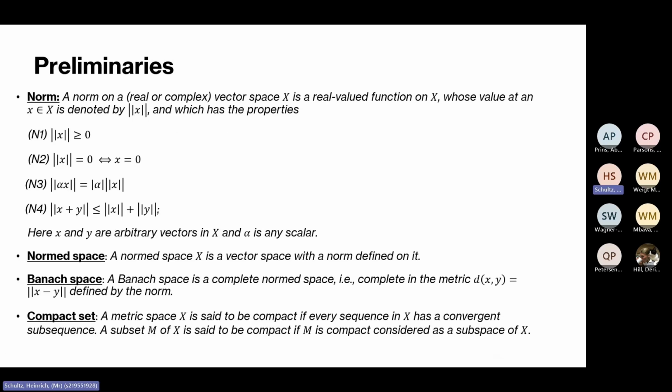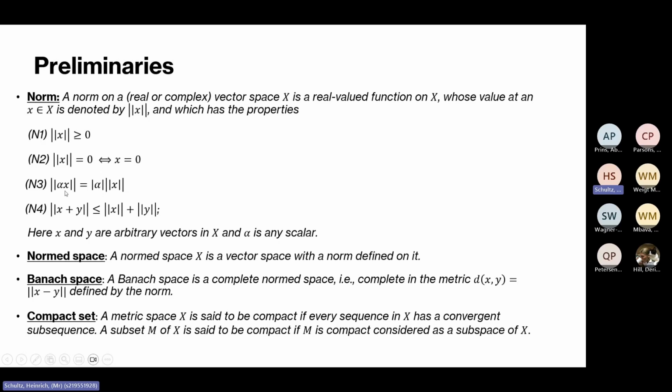Then we have the norm. A norm on a real or complex vector space X is a real valued function on X, whose value at an element x in X is denoted by the norm of x, and it has the following properties. The norm of x is non-negative. It is equal to 0 if and only if x is equal to 0.